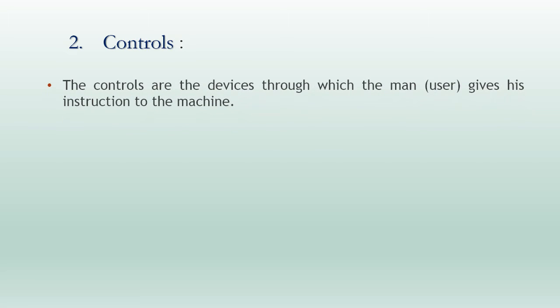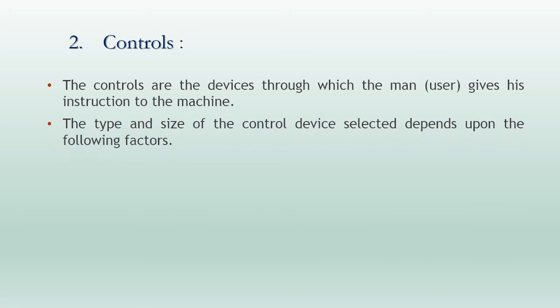Then the next point is controls. Controls are the devices through which the man or user gives instructions to the machine.